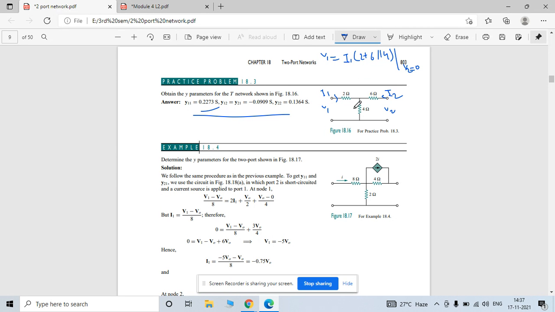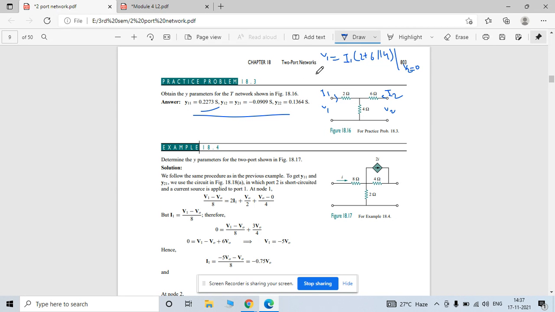Similarly, for this side, if V2 is 0, what is the value of I2? Same concept.